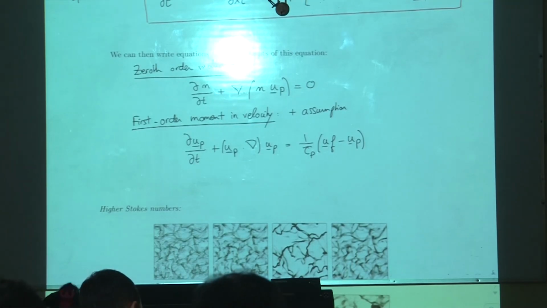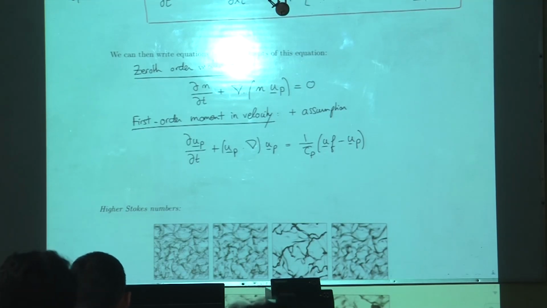Now that equation looks a lot like the Euler equation, except it doesn't have pressure. It's like a pressureless Euler momentum equation. That tells me that the velocity responds to its own convection, and that velocity responds to drag, essentially.